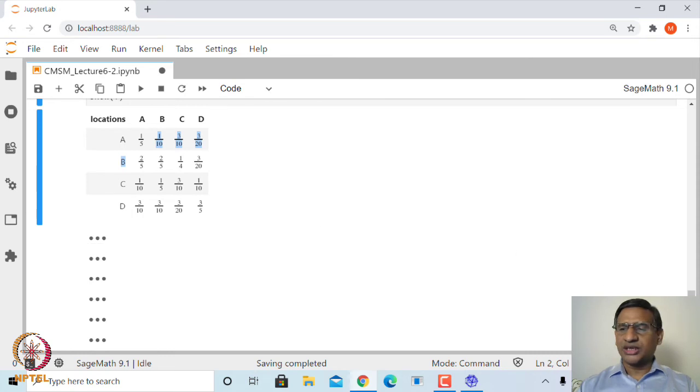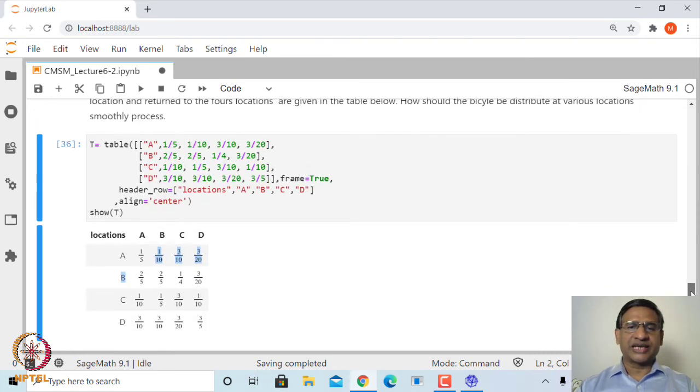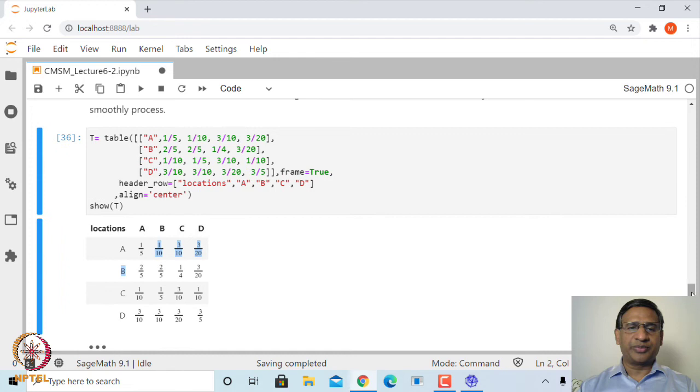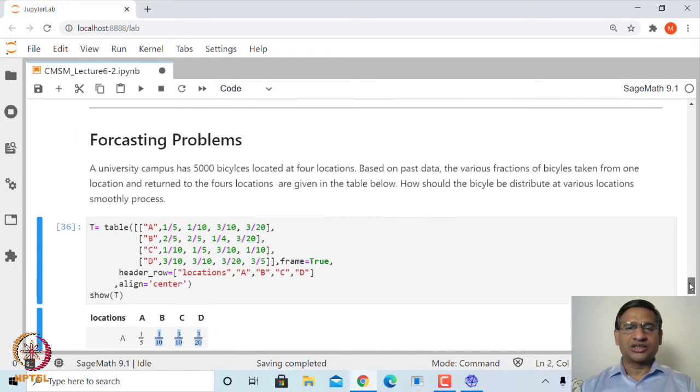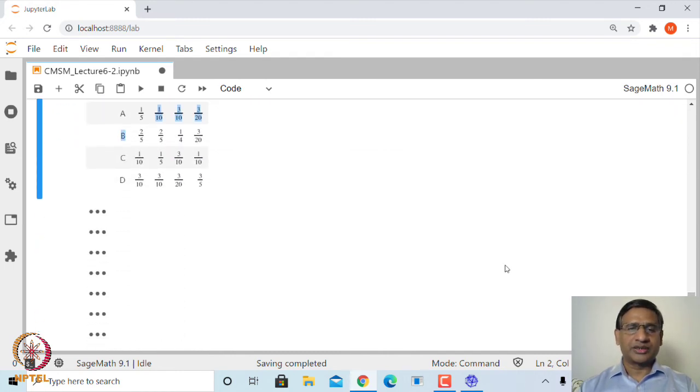So, the question is, suppose 5,000 cycles are there. How should one place these cycles at each location, so that in the long run whoever wants to hire a cycle should be able to find at least one in whichever location he or she goes? So, this process should be smooth.